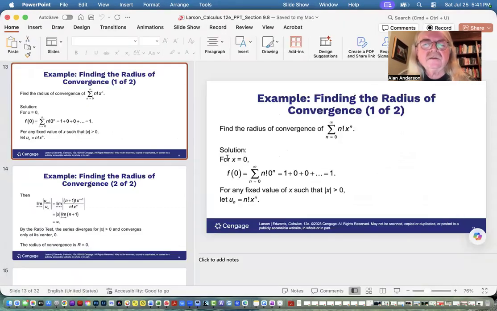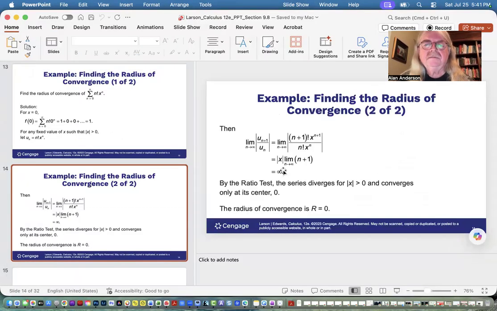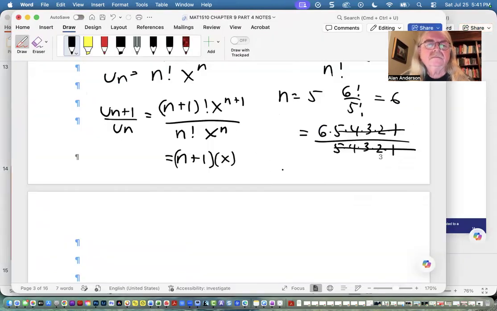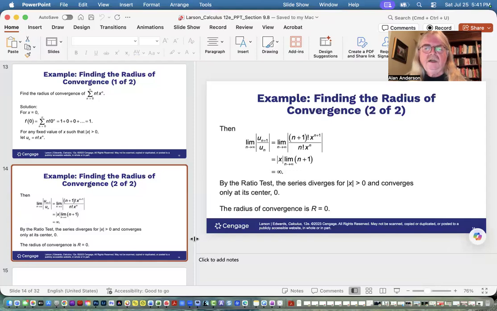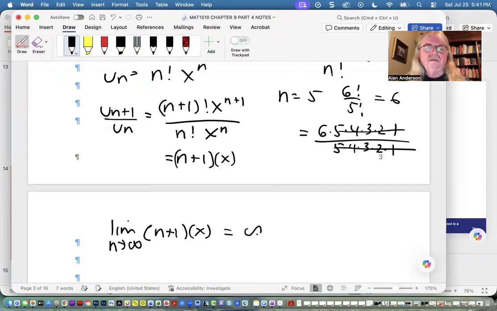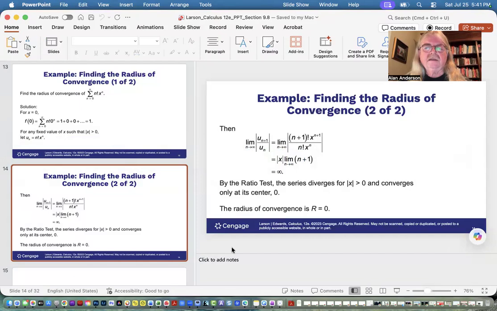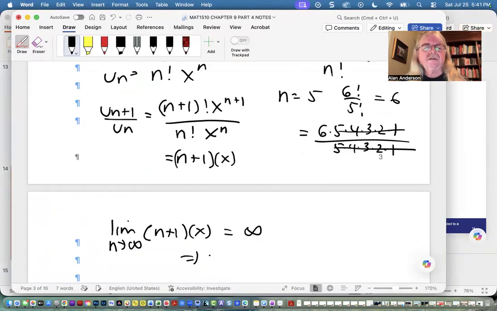So when we take the limit, we end up with infinity, which means that the series diverges.